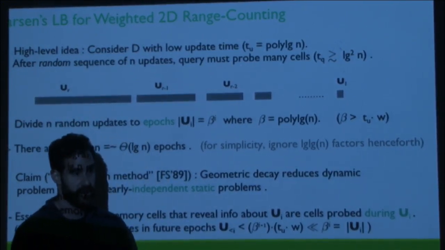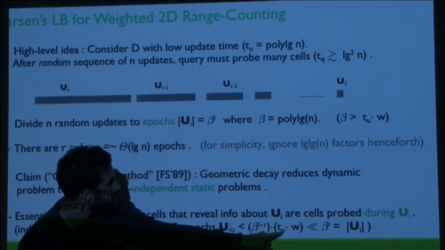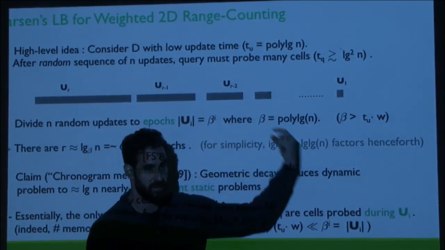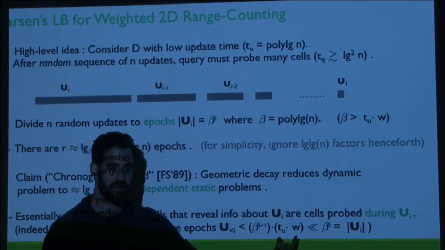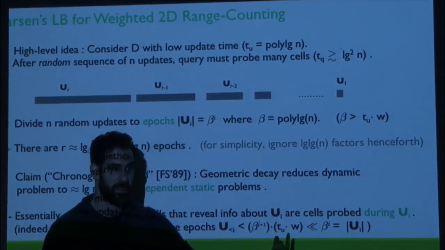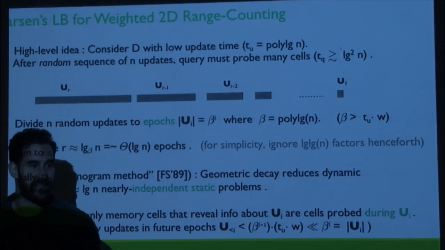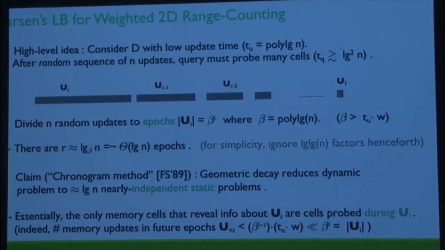That's why it's important to choose beta, the basis of the geometric decay, to be larger than the update time. Even if you ever learn anything from this talk, let this be it.